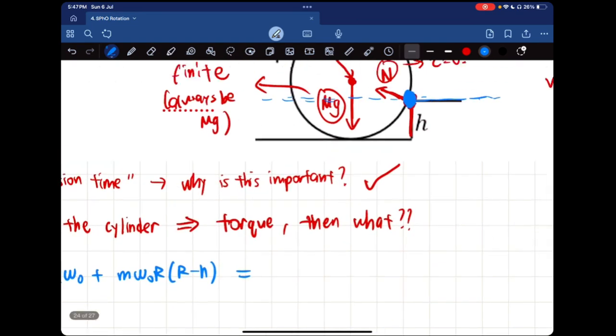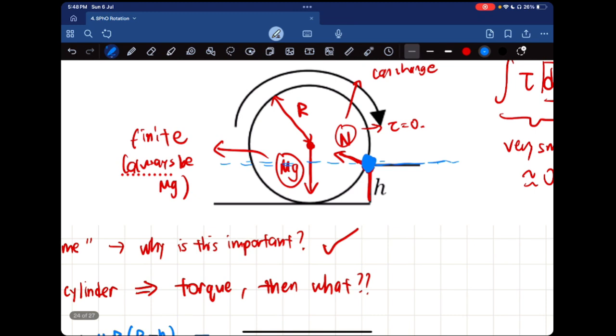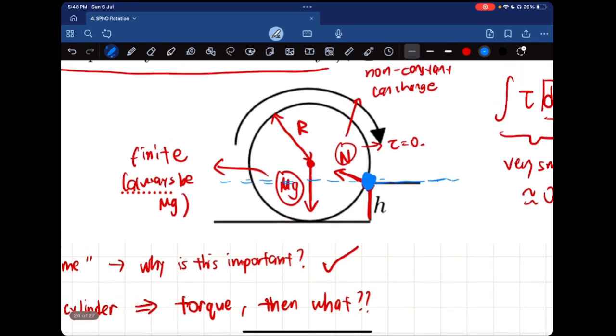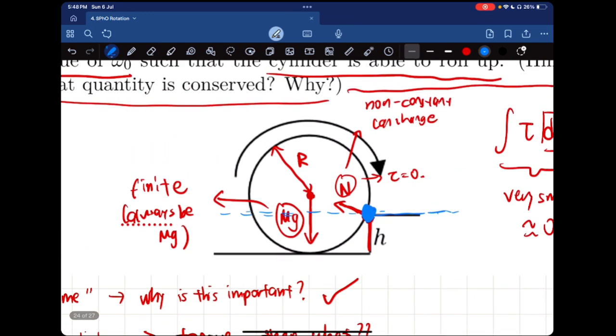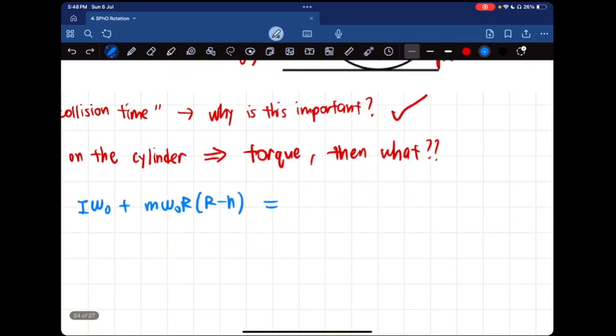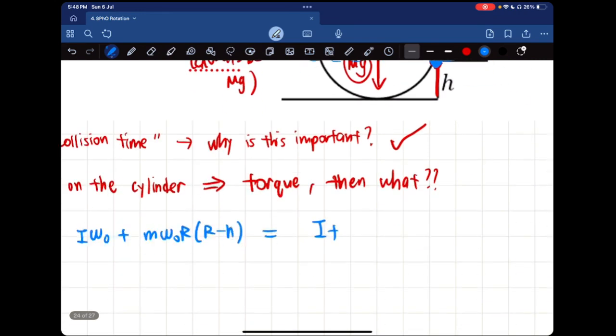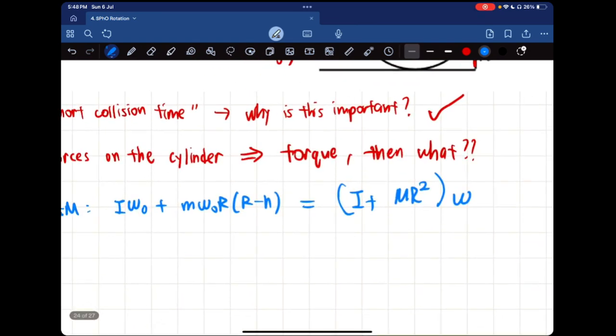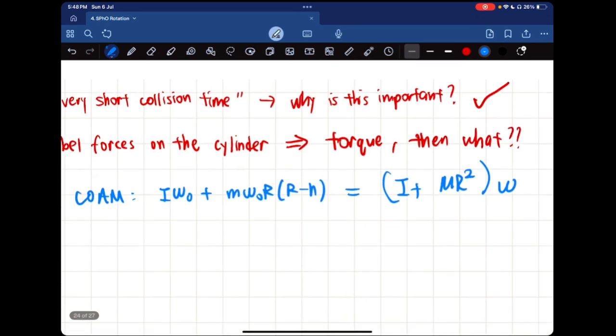Your final angular momentum, as it rotates about this point as it's going up, because you can see that when it's going up, it's basically rotating about this point, right? It's doing something like that. So when it's going up, you can take the moment of inertia about that point, which will be I plus mR squared, times omega. So this is your COAM equation.